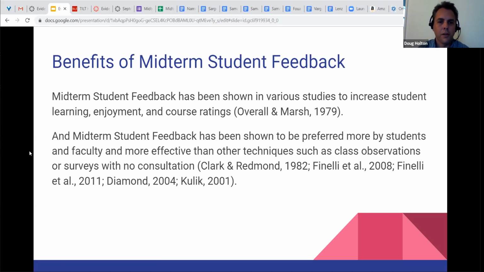It helps improve student satisfaction, but also it can help improve student learning. It's a really popular technique. Like I said, I've surveyed about 60 classes just in the past week, almost 1,000 students so far. And everyone loves it. The students love it because they get a voice in the class. The faculty love it because, again, they get that early feedback so they can make tweaks to the course.